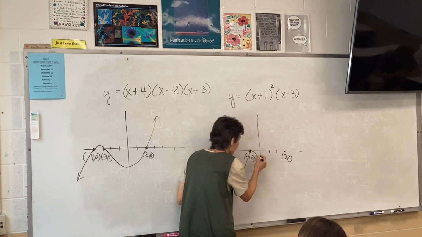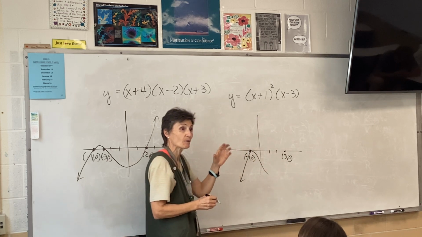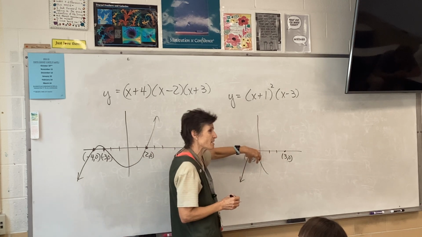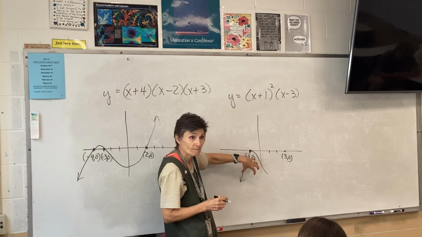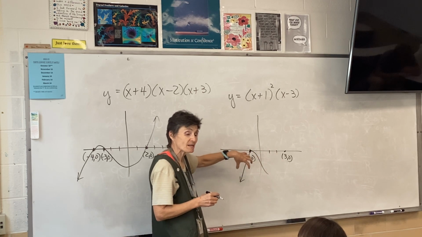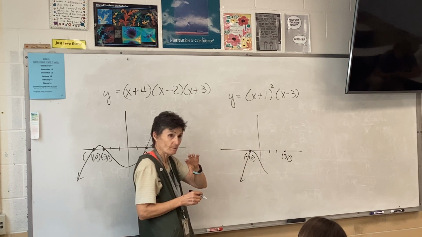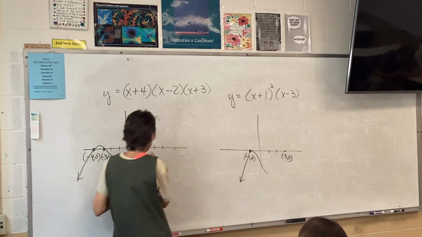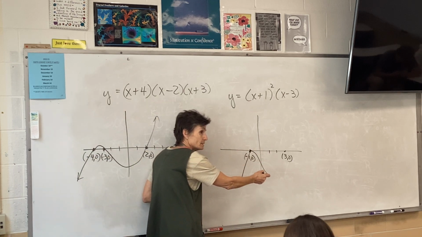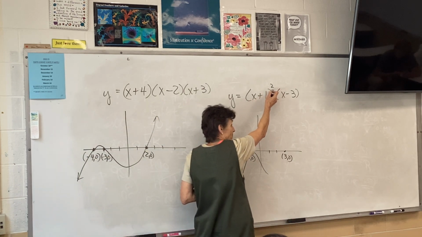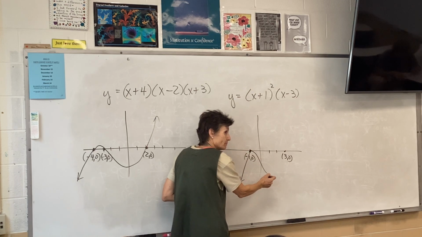It actually bounces off and comes back down. In other words, this isn't a real parabola, but it has kind of a parabolish shape. Whenever you have a squared factor, your curve does not pass through, it bounces off. Whenever that happens, it bounces off.